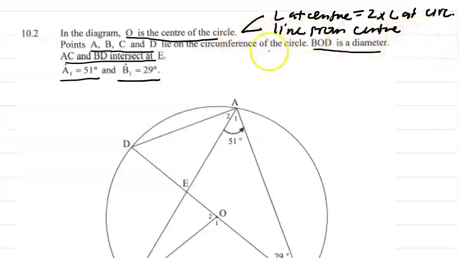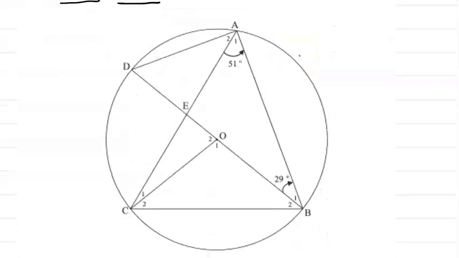Also, when the center of the circle is given, remember that you are most likely going to be given diameter and radii, which you need to take note of. Like for example, here you've got the following. You can see O is the center of the circle, which means that OC is going to equal OB, radii. But also you are given that DB is the diameter of the circle, which means that this angle here is equal to 90 degrees, angle in a semicircle.